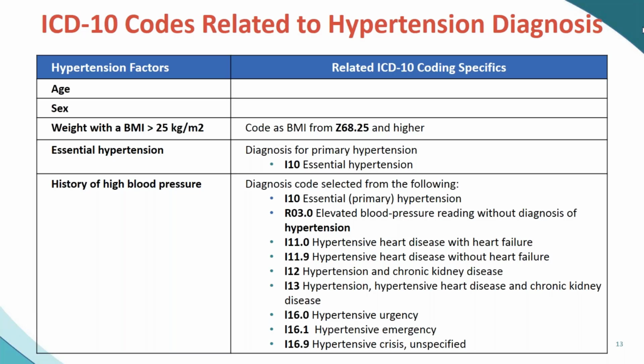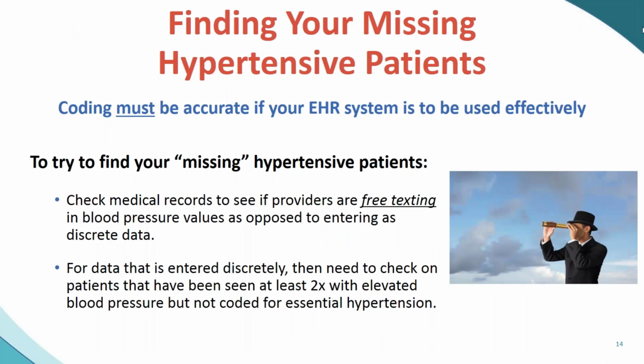I-12 is with chronic kidney disease, which is actually, if they're end-stage renal disease, taken out of the quality metrics for hypertension, but you still need to code your patients. And then the I-16 series, which, as I said, are those patients that you probably sent over to the hospital as soon as you got a blood pressure reading of 260/140.